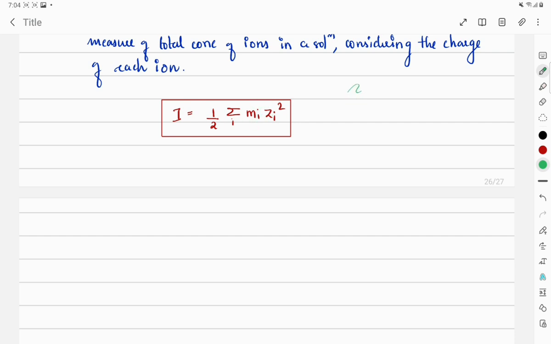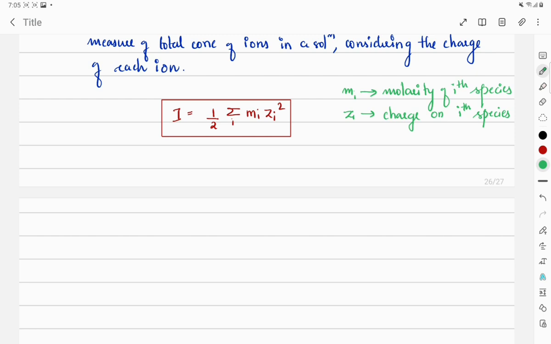Then Mi represents the molarity of the ith species, and Zi represents the charge on the ith species. So these are the only two terms involved: molarity, which is concentration, and charge, present on the ion. So ionic strength can be found by taking the product of molarity and square of charge for every ion and summing them up.